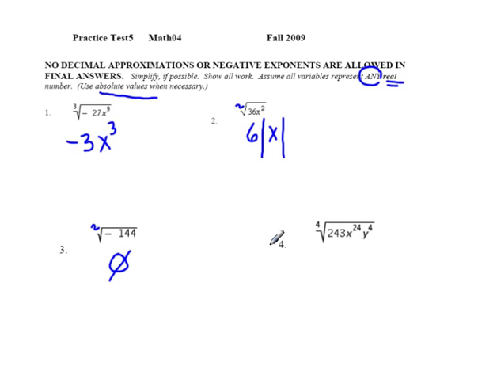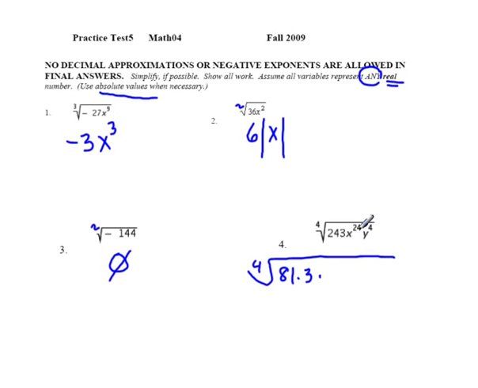Okay, number 4. This is a fourth root. So using your list of fourth roots, we want to find out what perfect fourth root factor divides evenly into 243. When I did that, I came up with the number 81 times 3. 81 is a perfect fourth root, and 3 is not a perfect root, so we'll leave it there.